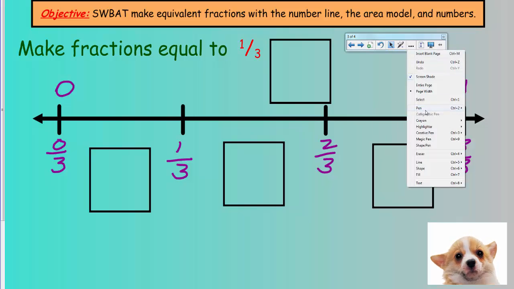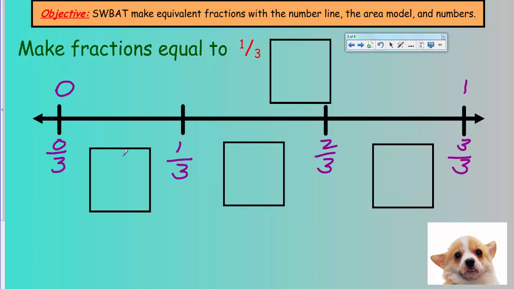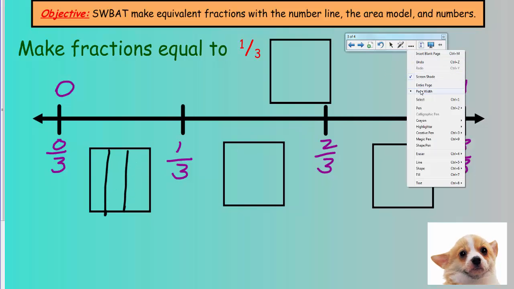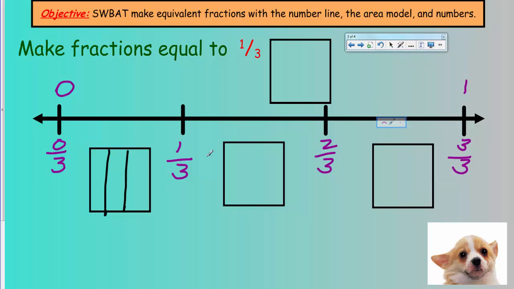So let's first start off with the first one here by dividing this. Normally I have nice little lines, but I'm going to do it this way so you guys can see that, yes, I don't have all the modern conveniences. Okay, and I'm just going to shade in this here, showing my 1/3.